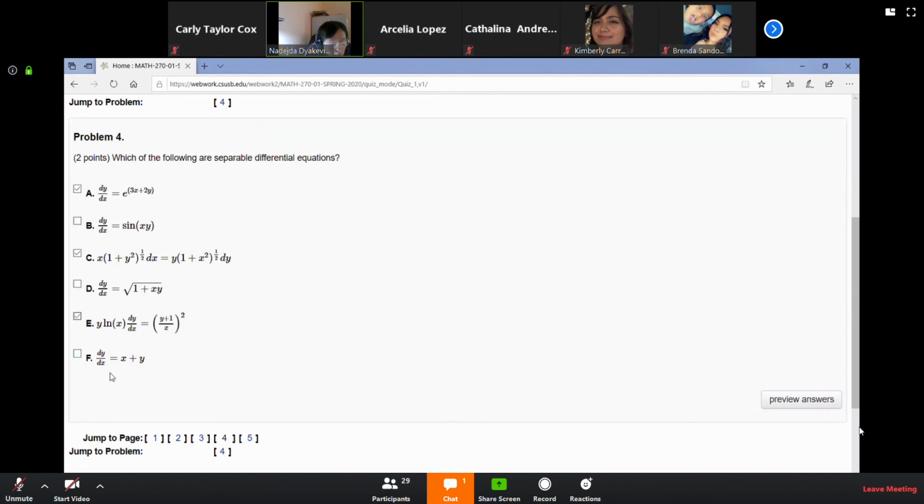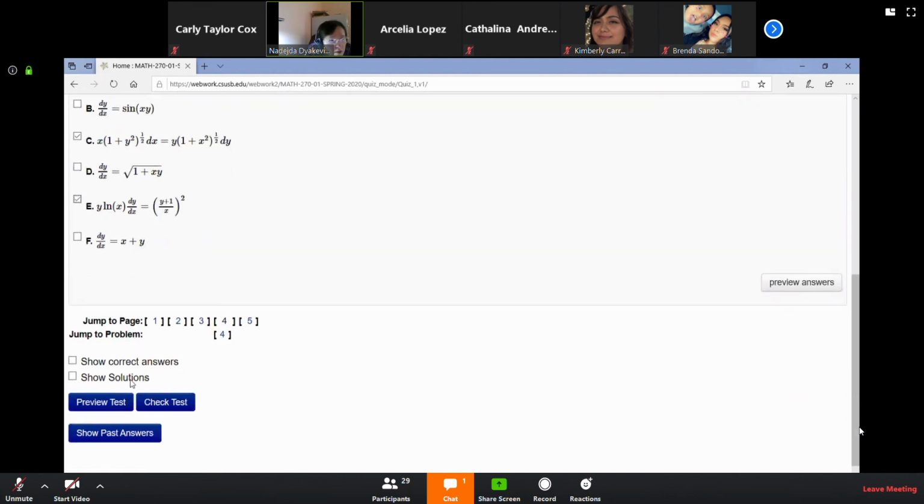How about the last one? No. We cannot, you're right. We cannot do that here. This equation is linear, but it's not separable. So we're getting 3, A, C, and E, right? So let's see, show correct and show solutions.